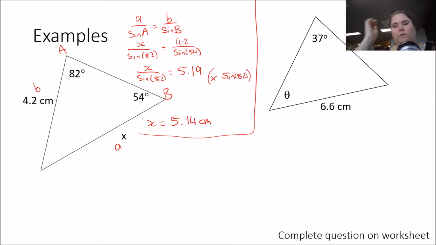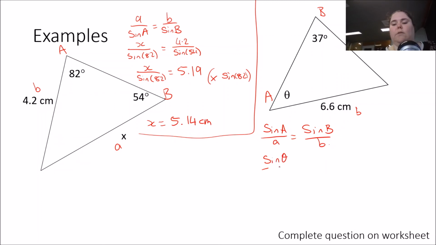The other version is to find an angle. So a, little a, b, little b. Remember, if I'm finding an angle, I just flip my equation over. Now I sub in my values.